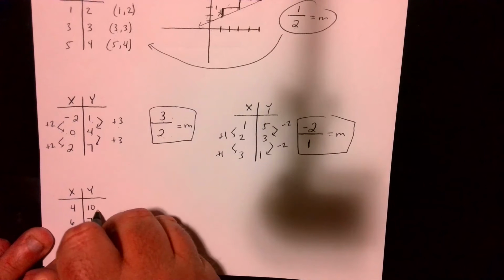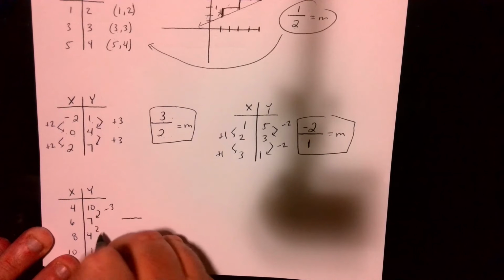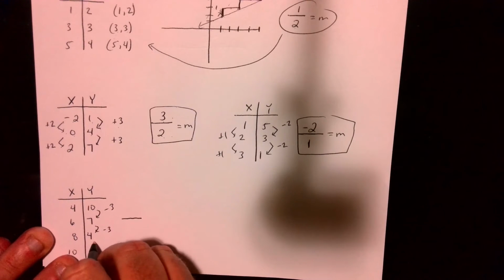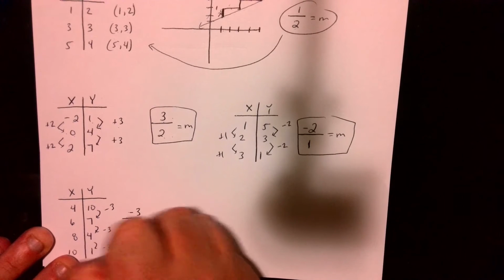The change in y from 10 to 7 is minusing 3. From 7 to 4, we're minusing 3. From 4 to 1, we're minusing 3. So our change in y is -3.